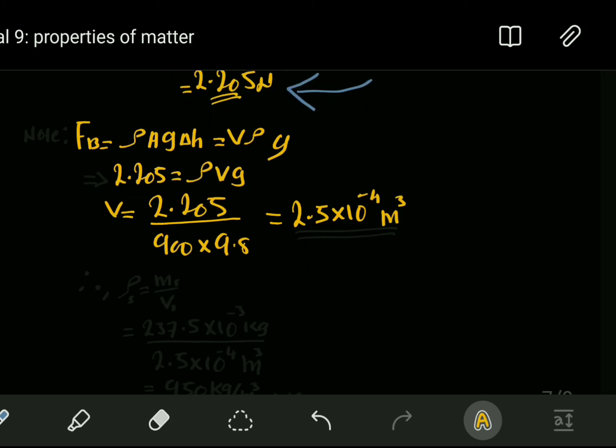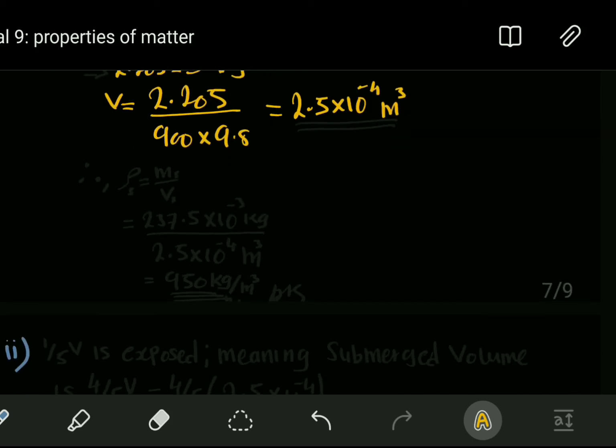Okay, so if this is our volume, then we can go ahead and find the density of this solid. So we also know that the density of the solid equals the mass of the solid divided by the volume of the solid. All right, so we substitute the values.